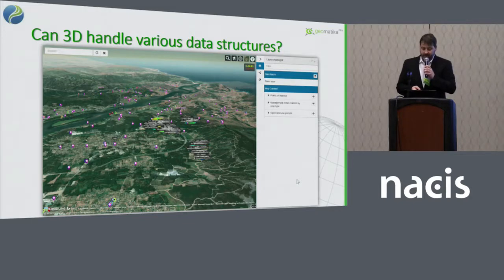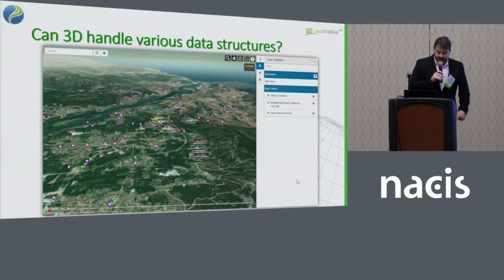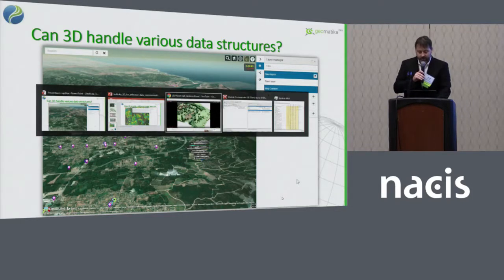So this is how we can handle really various data structures. You already saw some polygons, extruded polygons, and you will see some other examples of more data structures now.